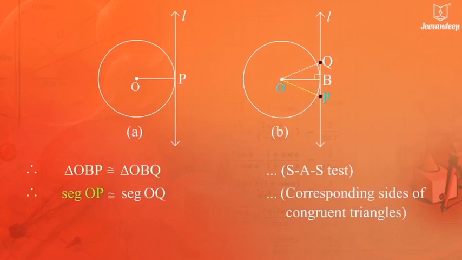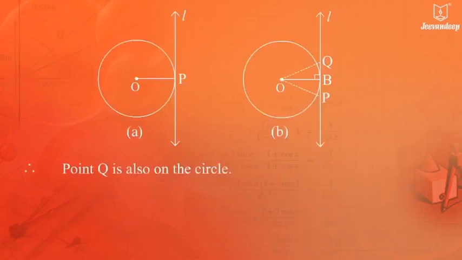Segment OP is congruent to segment OQ, corresponding sides of congruent triangles, or OP equals OQ. Point Q is also on the circle.